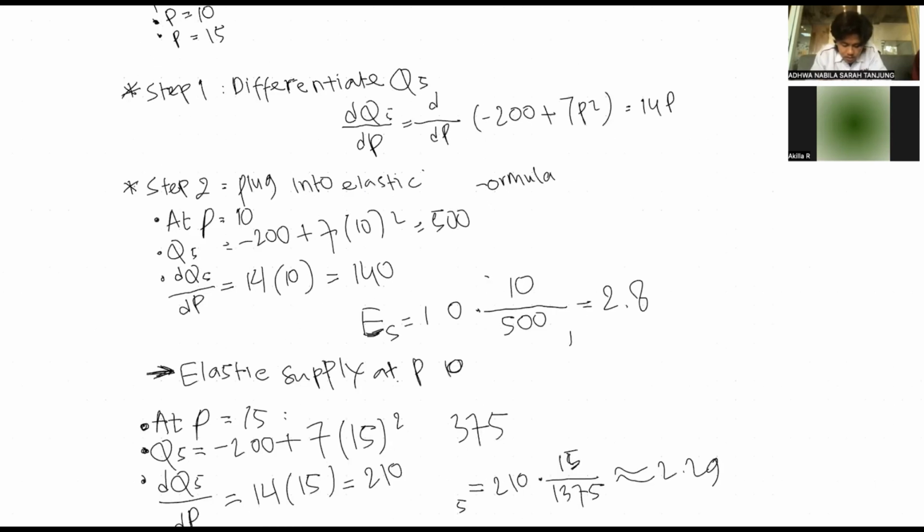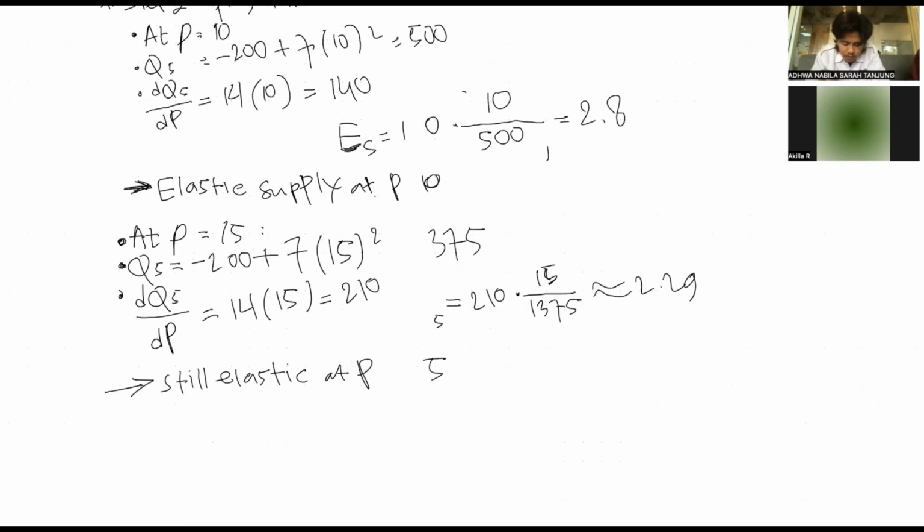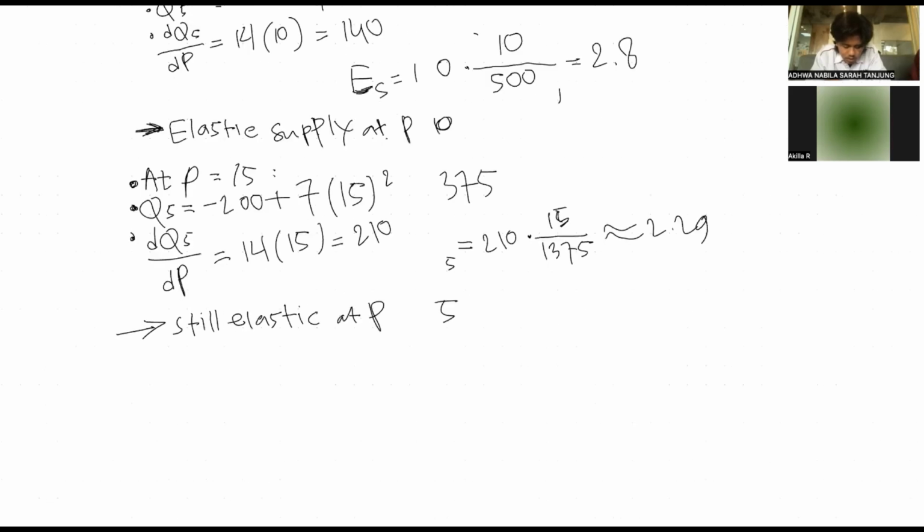Elastic supply at P equals 10. At P equals 15, Qs equals negative 200 plus 7 times 15 squared, which is 1375. dQs over dP equals 14 times 15, which is 210.